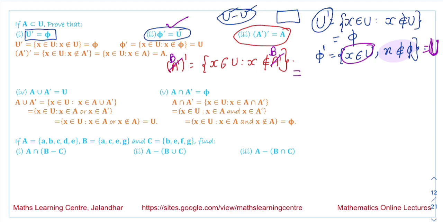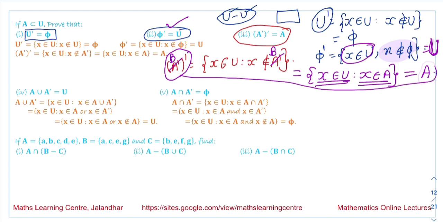It means we are talking about those elements of U which are not elements of A complement, means they are elements of A. We are saying those elements of the universal set which are elements of A, those elements are actually A. So we started with the complement of A complement, and we have obtained that it is equal to the set A itself.